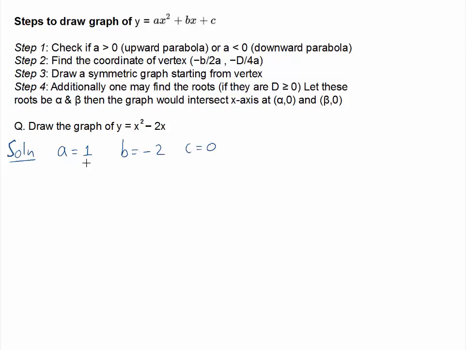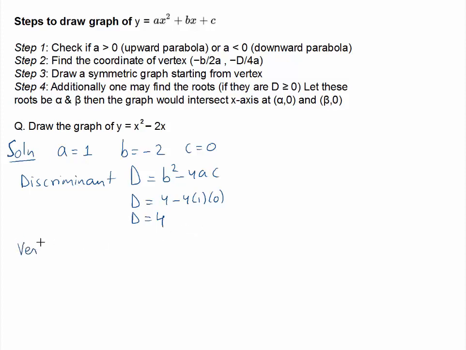Now we can see that a is positive, therefore it must be an upward parabola. Next, let's find the discriminant D, which equals b square minus 4ac. So D will come out to be 4 minus 4 times 1 times 0, so that equals 4. So D came out to be 4.